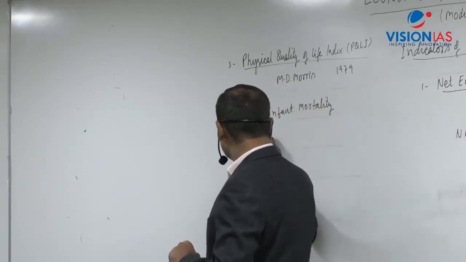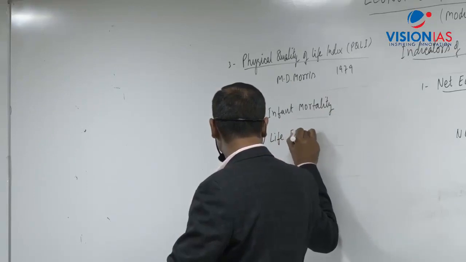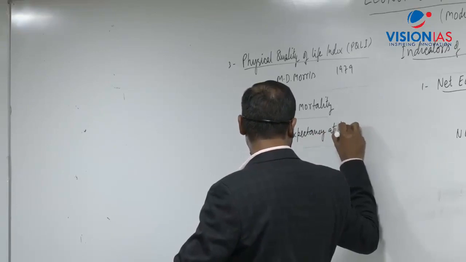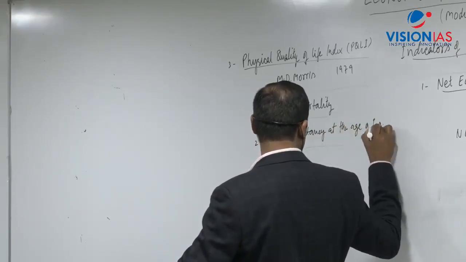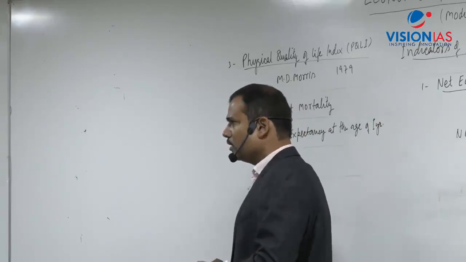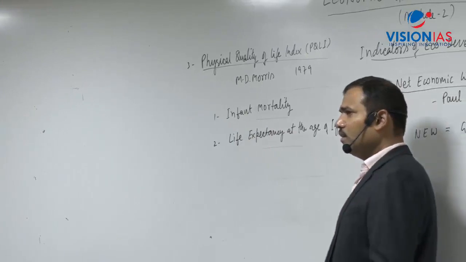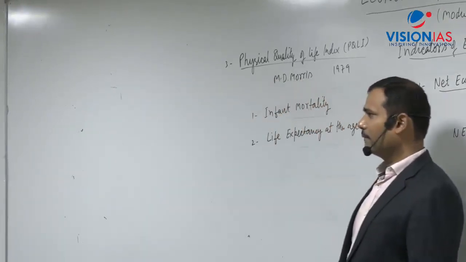Second is life expectancy at the age of 1 year. So what is life expectancy? It is the age by which a person, according to the trend of a particular country, is expected to live.